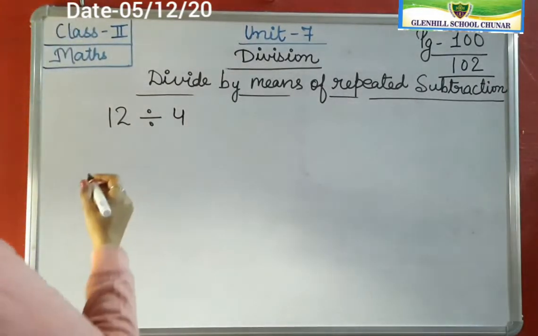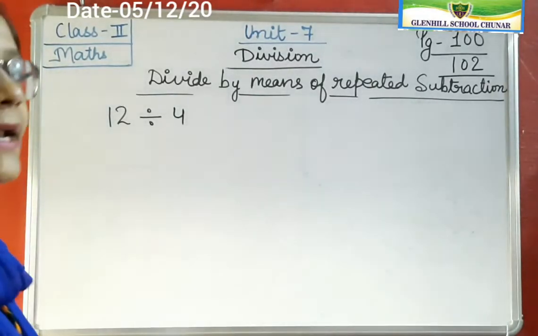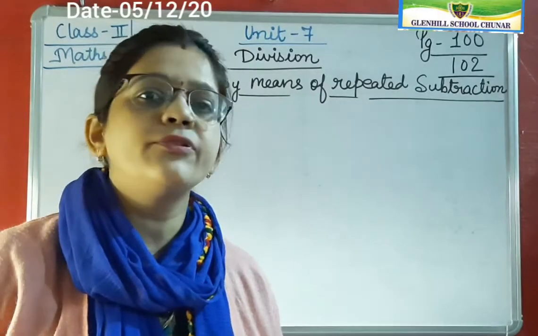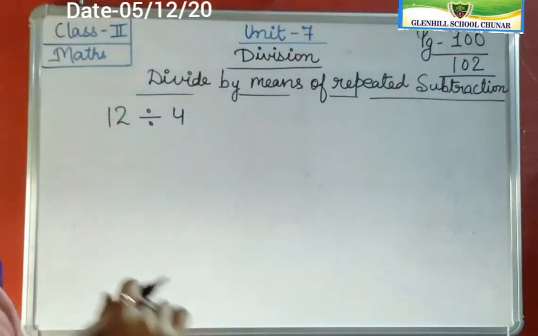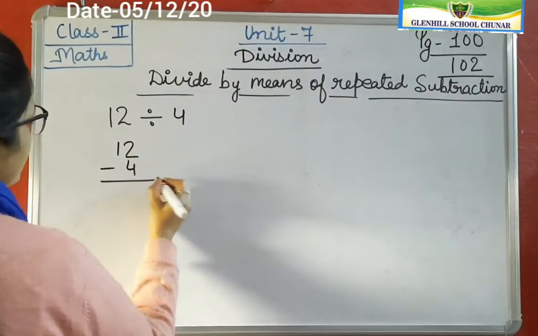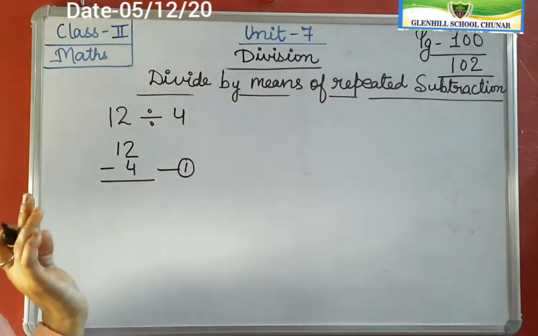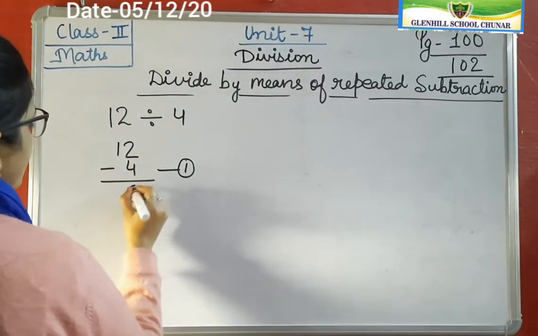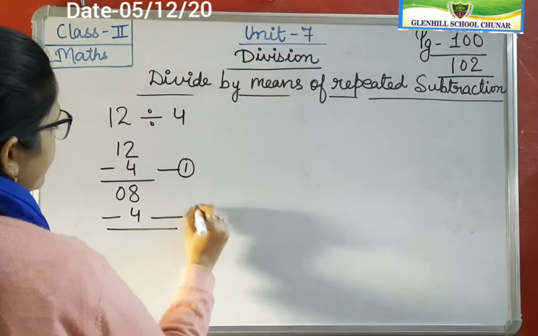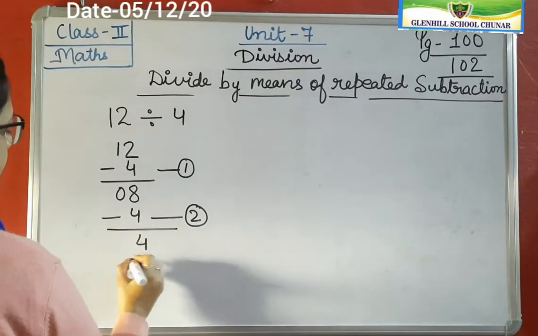Repeated subtraction means you have to subtract 4 from 12 again and again till it comes 0. Until 0 comes, you have to continuously do the subtraction. So see here, 12 minus 4. One time I have done, so 12 subtracted by 4 is 8. Again minus 4, the second time, 8 minus 4 is 4.